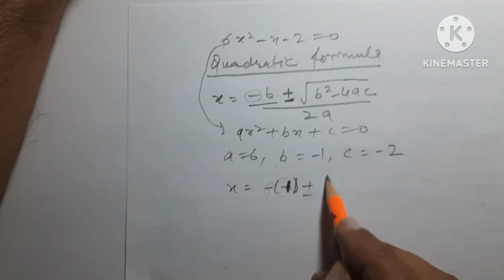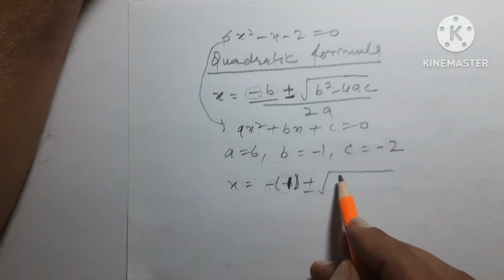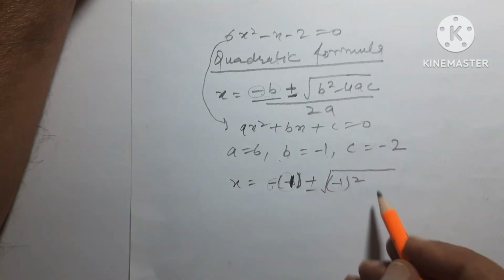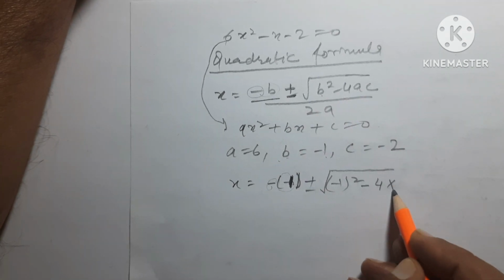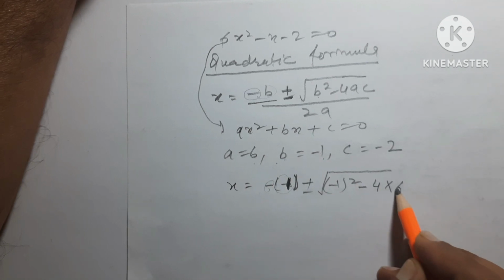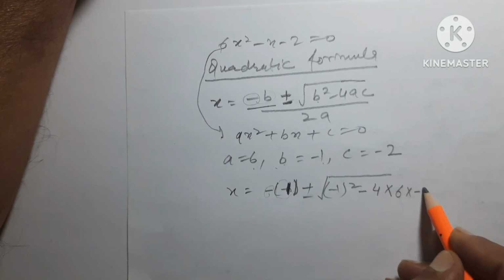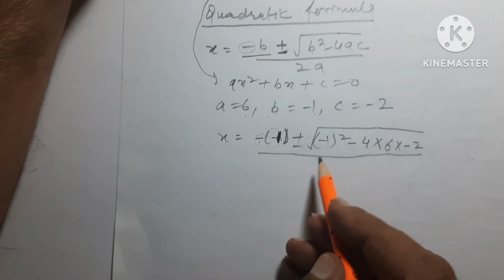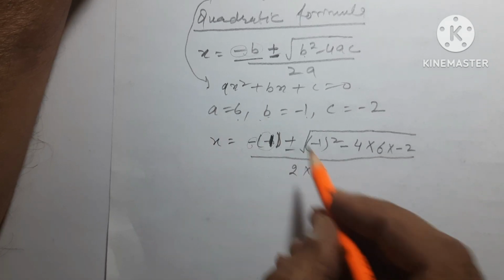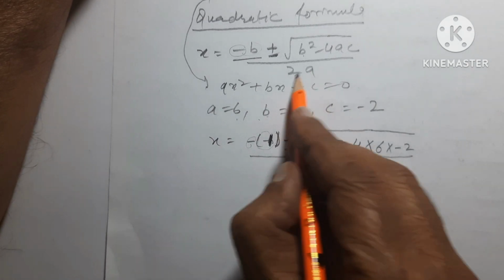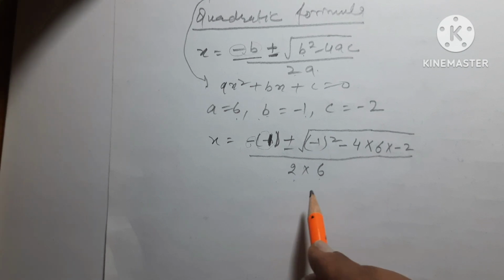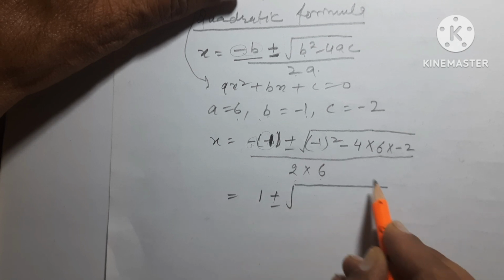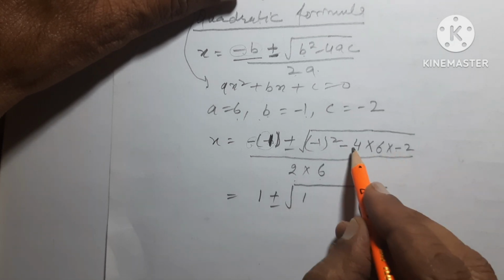Plus minus under root b square, minus 1 square. b is minus 1. b square minus 4 into a, a is 6, into c, which is minus 2, over 2 into a, which is 6. This is 2a, 2 into 6. So this minus becomes plus, plus minus under root. 1 square means 1, minus becomes plus.